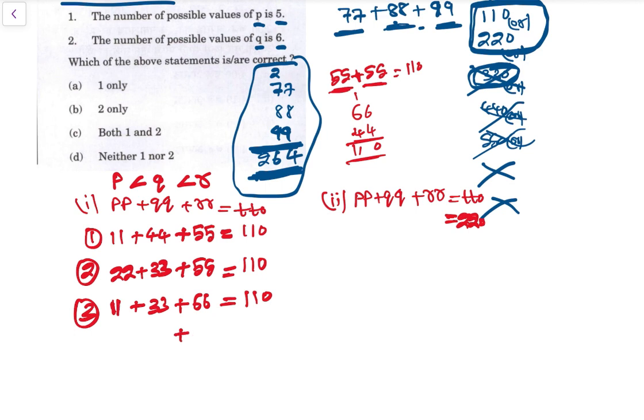Then comes 66, again one possible is 22, but 22 is not possible again. So with 66 only one possibility is there.